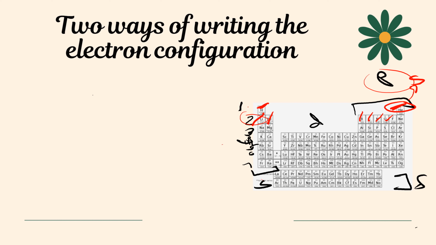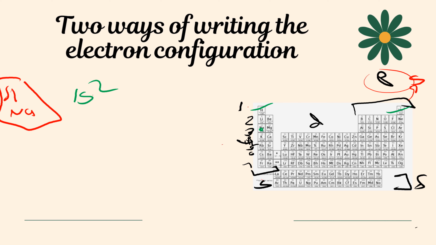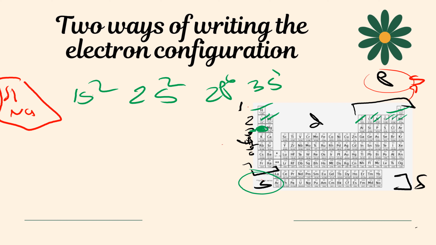Sodium, which is 11, has 11 electrons. So 1s2, 2s2, 2p6, and then 3s1, because it's in the s block, one step through that s block.